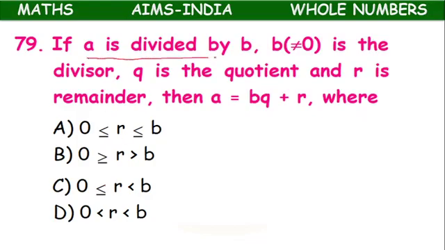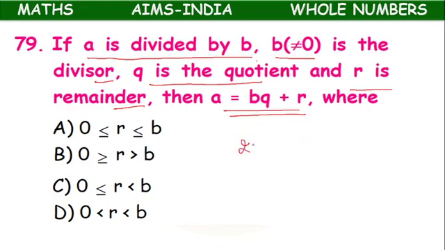if A is divided by B, where B is not equal to 0, B is the divisor, Q is the quotient, R is the remainder. A equals BQ plus R. Suppose we have 7 divided by 2, 3 times 2 is 6, remainder 1.